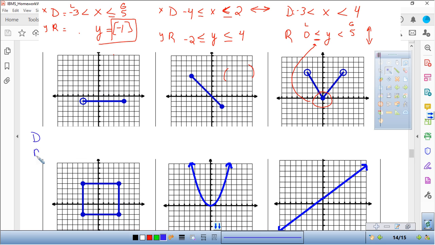Domain and range. Oh, this is pretty cool. It's pretty neat. I like it. Domain again are my x values, and this will be between my lower bound and my upper bound. My lowest, greatest. So number lines for x's. Again, left is the lowest. 1, 2, 3, negative 3. 1, 2, 3, 4.